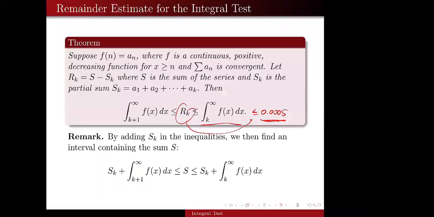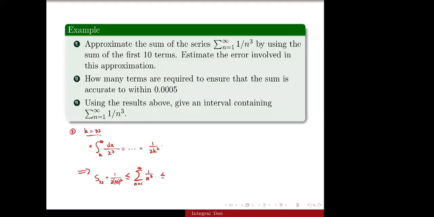So let's put the equality also. And then here it will be less than or equal to S sub 32 plus 1 over 2 times 32 squared.